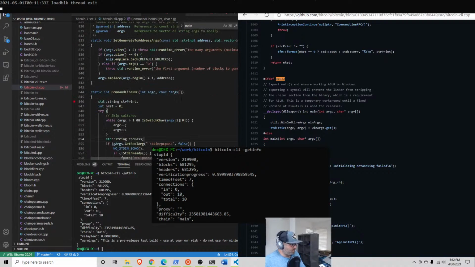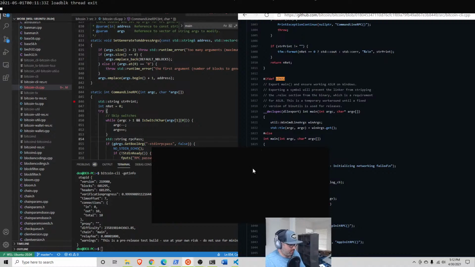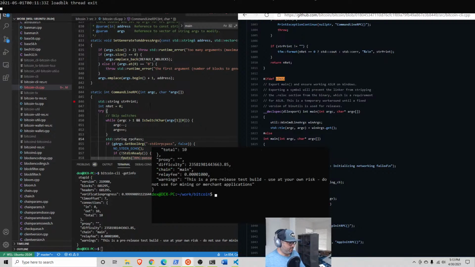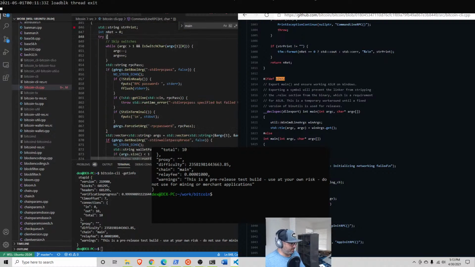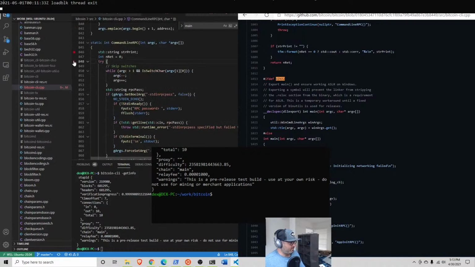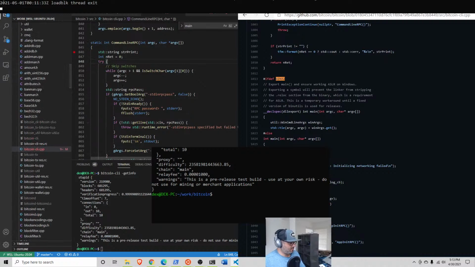So we want to see what it's doing. We found command line RPC. We put in a print statement. So now we want to debug it. We actually want to go deeper and actually debug Bitcoin.